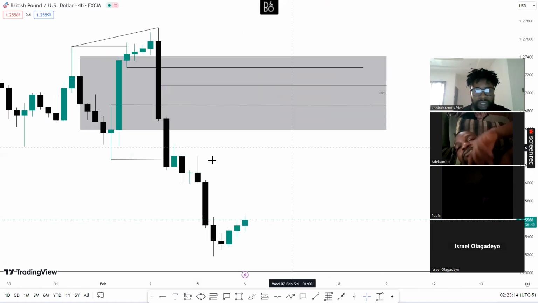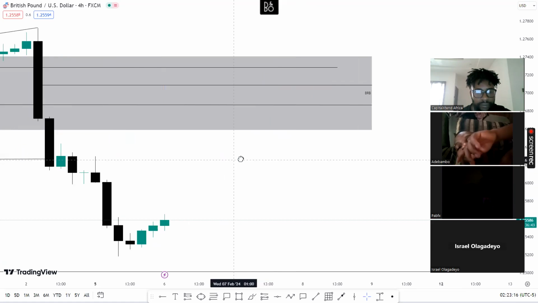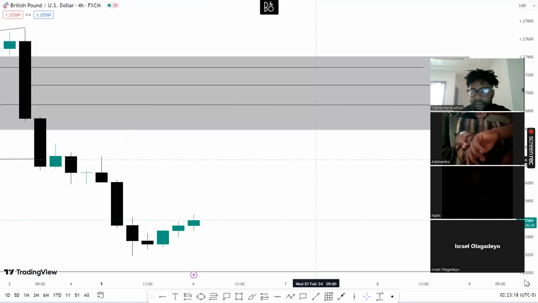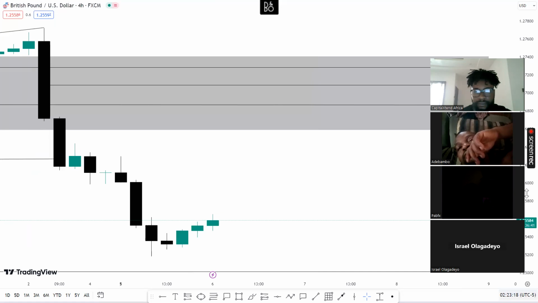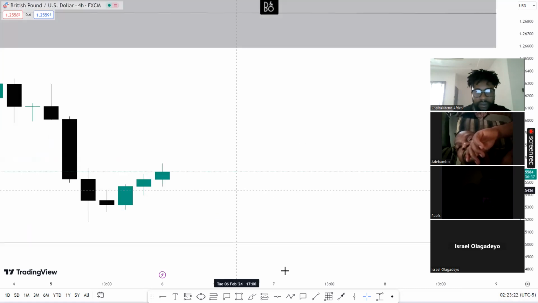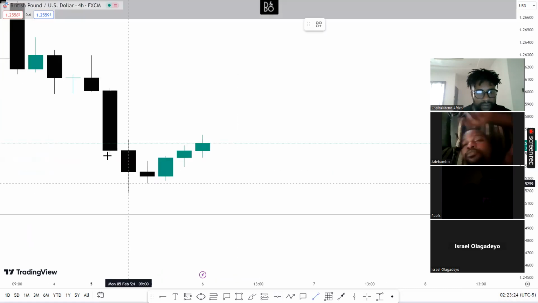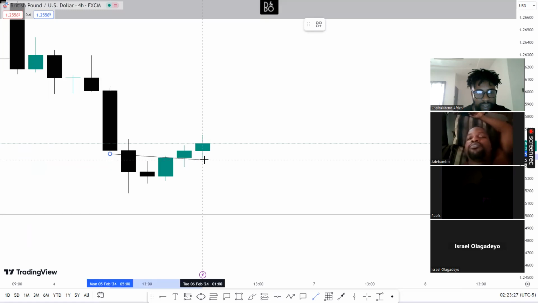Now looking closely, I can see this inversion, price closing above it. This is the 4-hour time frame, right?